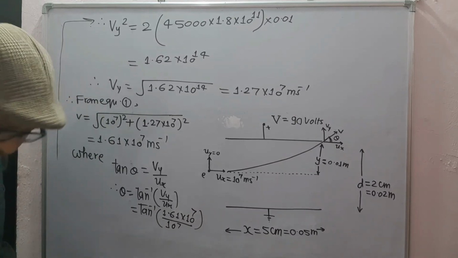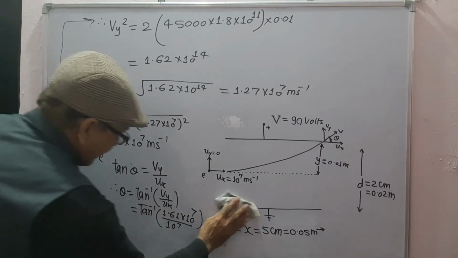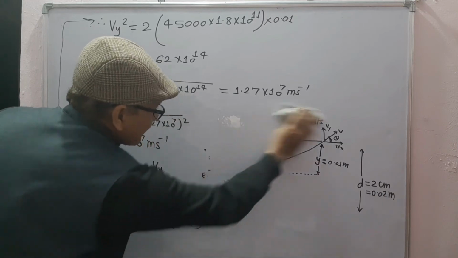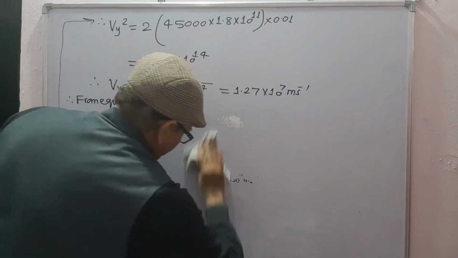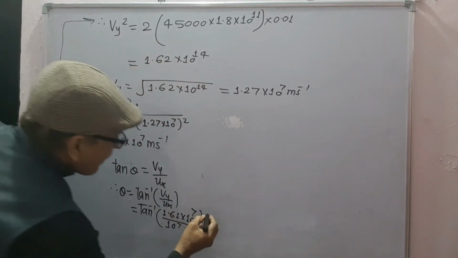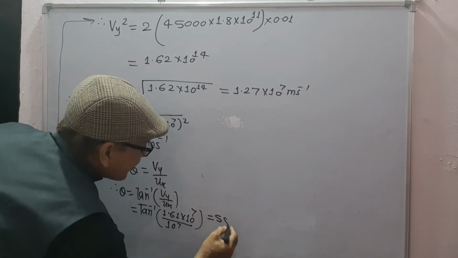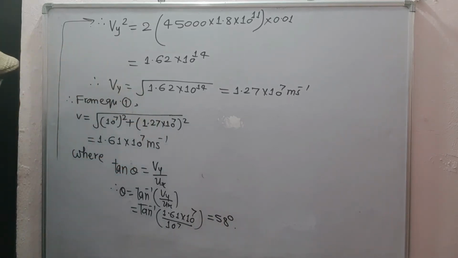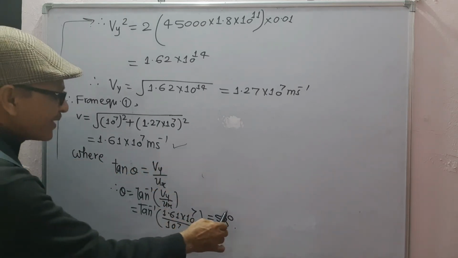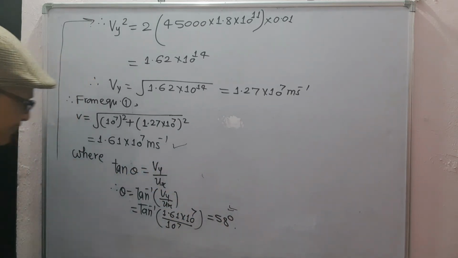So we get theta as 58 degrees. Thus the resultant velocity at the exit point will be this much, which makes an angle of 58 degrees with the horizontal.